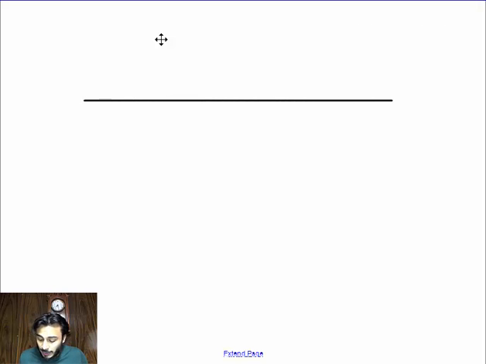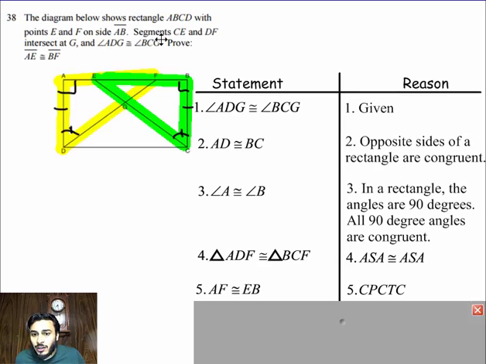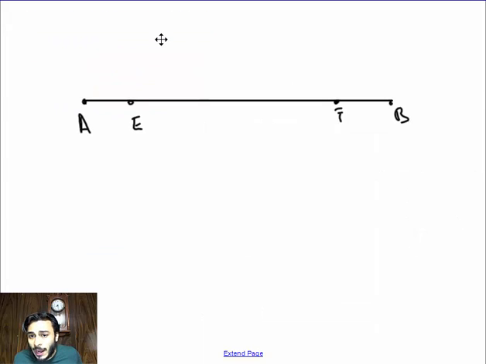It's coming down to a line proof or a segment proof, maybe your teacher called it. So you got A, E, and then you got FB. So I'm trying to bring it down to that line. So that's why I ended up saying here that AF is congruent to FB, because I'm going that line proof route.